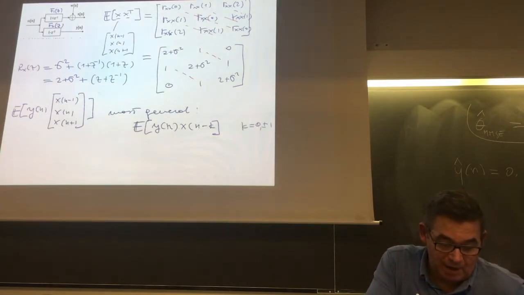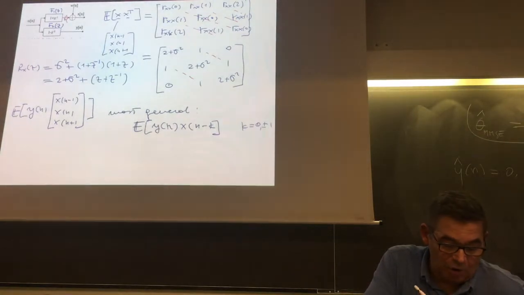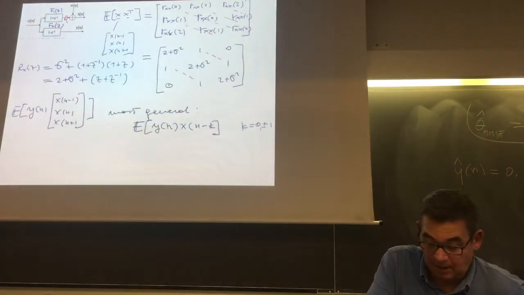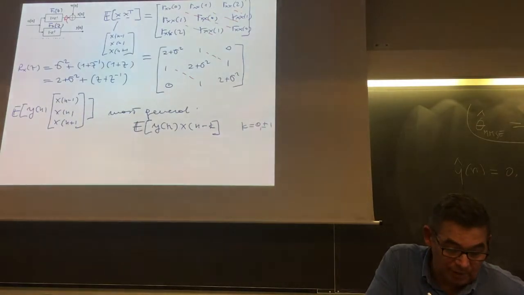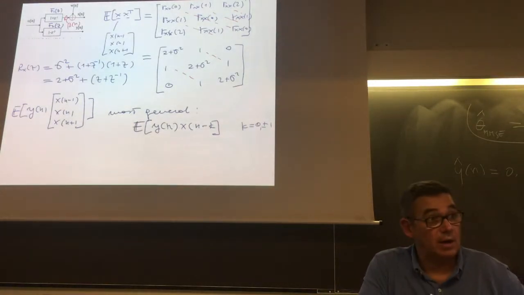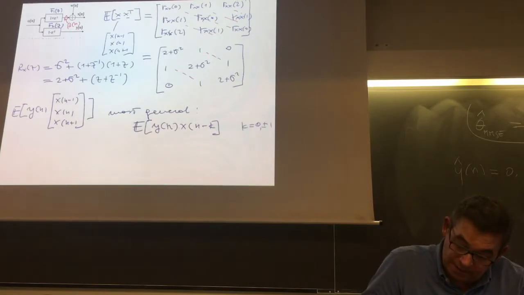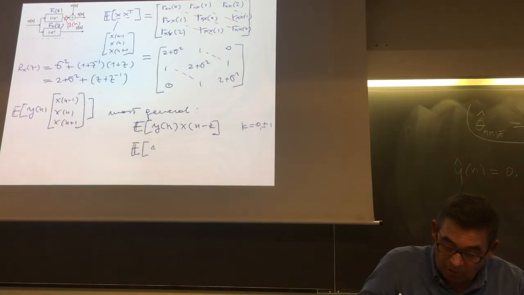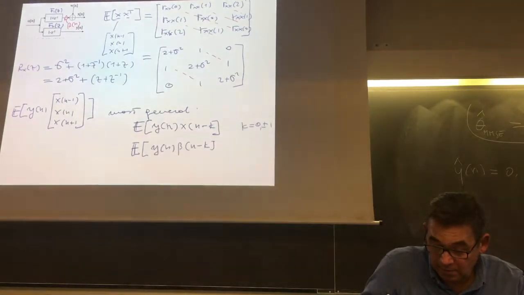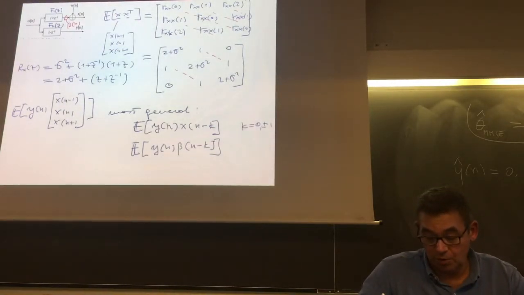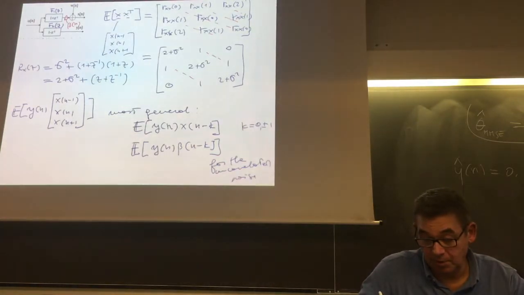So, if I call this signal in the middle beta n, this expectation reduces to the expectation of y n beta n minus k, due to the uncorrelated noise property.